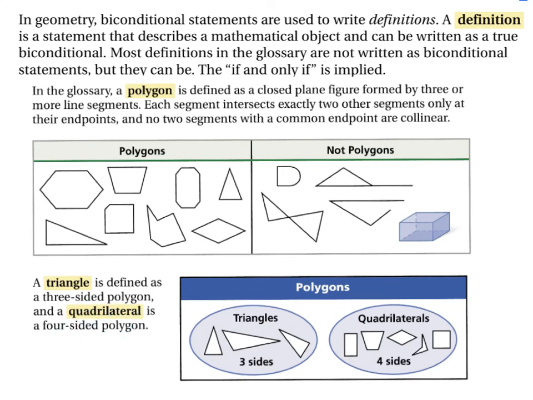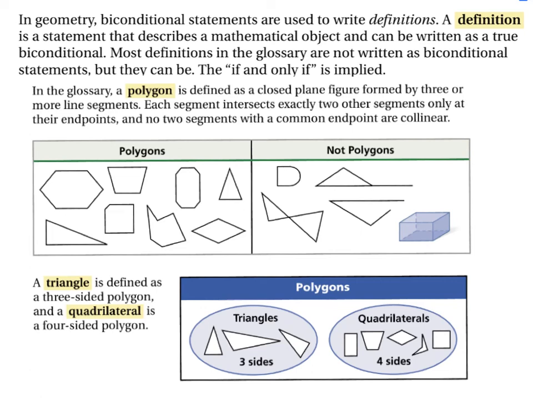So you're probably asking yourself, why in this section are we starting to talk about triangles and quadrilaterals? Here's why. I'm going to pick the triangle here. The definition of a triangle is a three-sided polygon. So you're like, okay, well that's easy. Let's write it as a biconditional. So first, let's write it as a conditional statement.